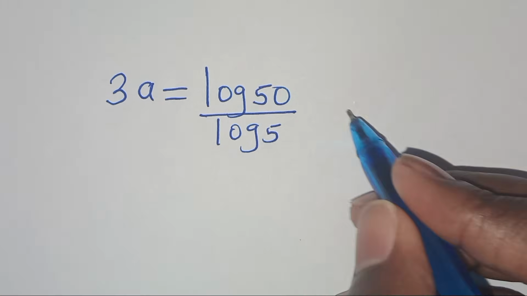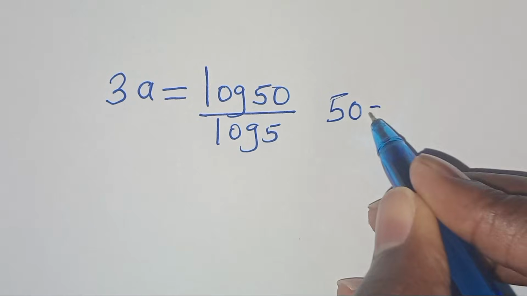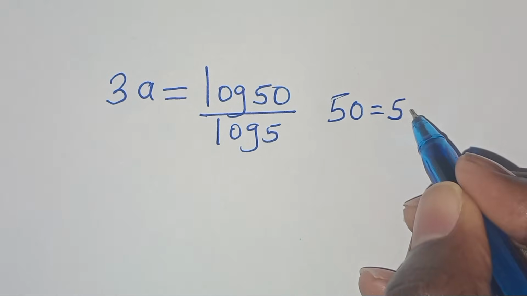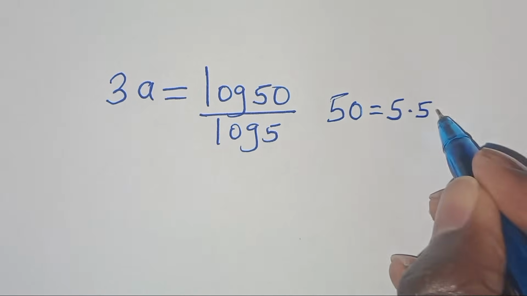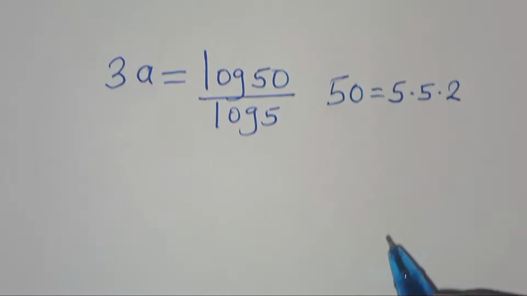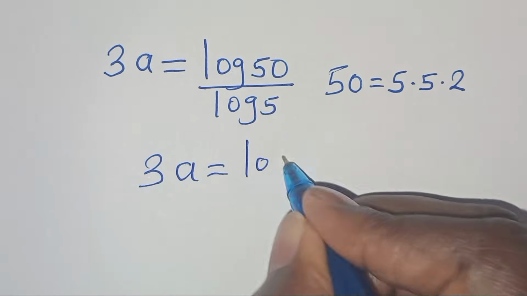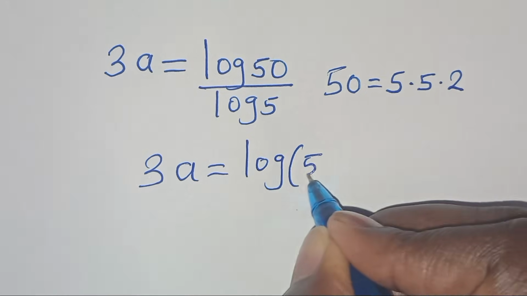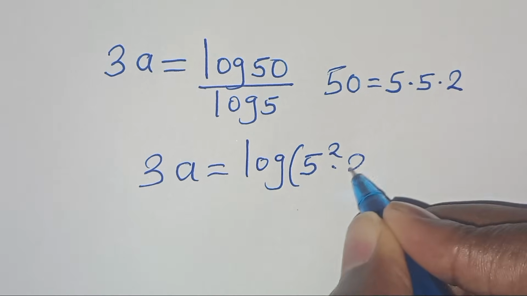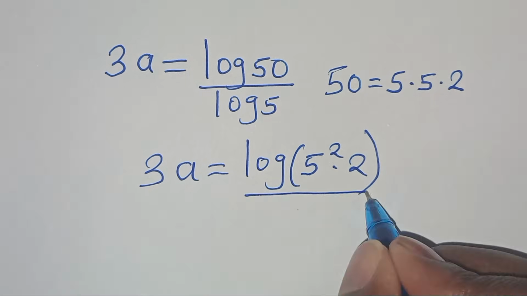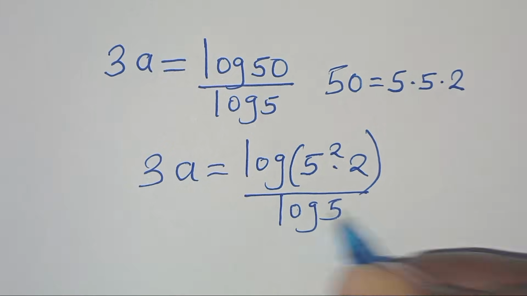Now, we can express 50 as the same thing as 5 multiplied by 5 multiplied by 2. So that now we have 3a equal to log 5 to the power of 2 multiplied by 2, everything here divided by log 5.